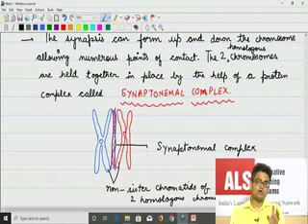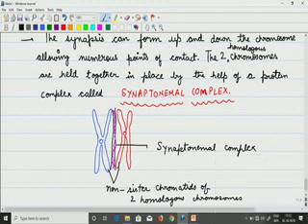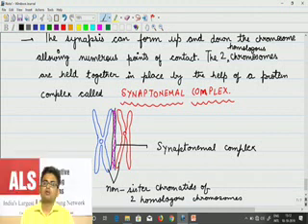So when I talk about the second stage of meiosis, I am trying to refer to this synapsis stage. Synapsis or overlapping or pairing of homologous chromosomes occurs in which stage?